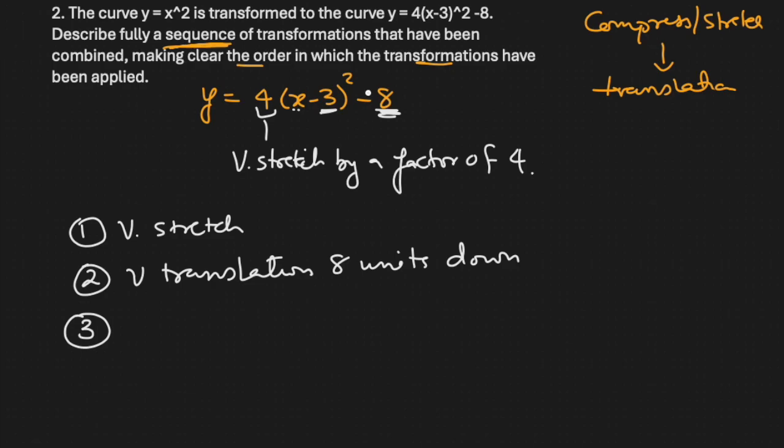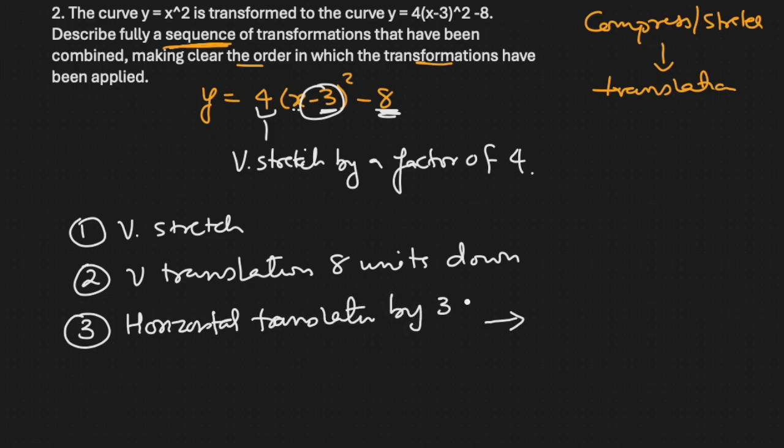And then there will be this minus 3, which will bring it to the right. Normally negative is towards left on a number line, but we'll say right. So it is horizontal, or in place of vertical or horizontal, you can write in the direction of y here and in the direction of x here. But I use the words horizontal translation by 3 units to the right.